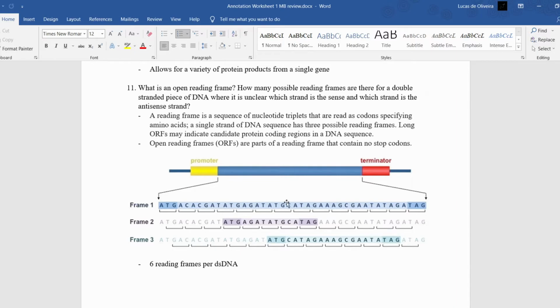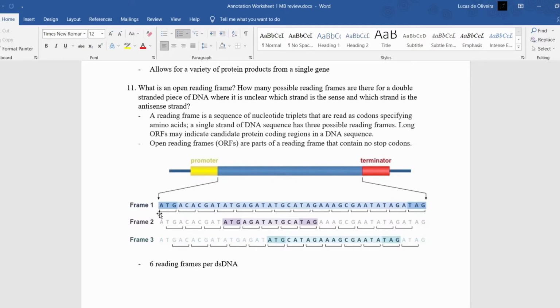So everything in that reading frame that is translated into a protein is considered the open reading frame. But the thing is, with a strand of DNA, they're grouped into codons, right? It's 3 nucleotides at a time.